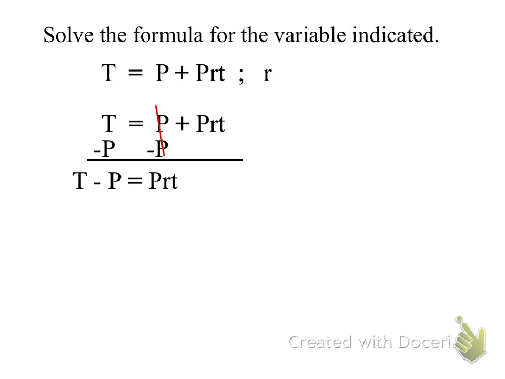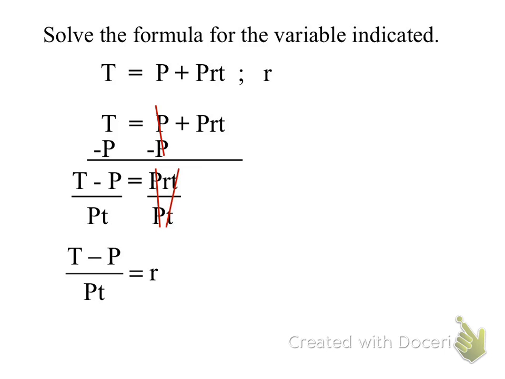This is a principal rate and time formula. Now, what do I need to do to get the R alone? Oscar? You divide both sides by PT. And I'm done. That's cool. Are PRT like combined together?